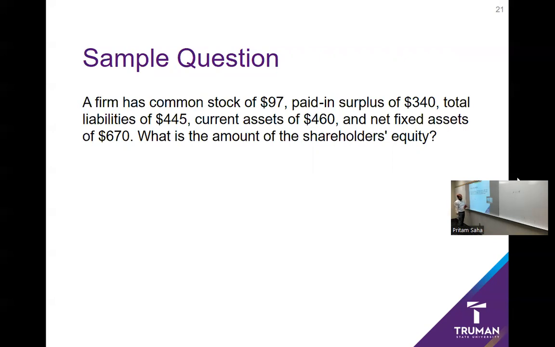How much is that? 1,000. Okay. So if you deduct 130 from 415, you should get 685. Right? So first of all, you have to think about, do we have full information or not? If we want to calculate equity from common stock and retained earnings, we don't have the full information here. So any questions?